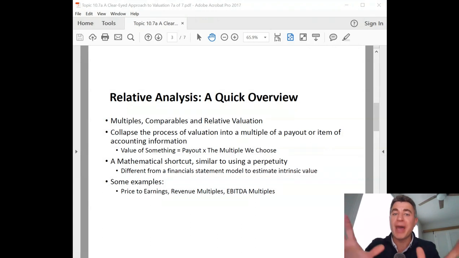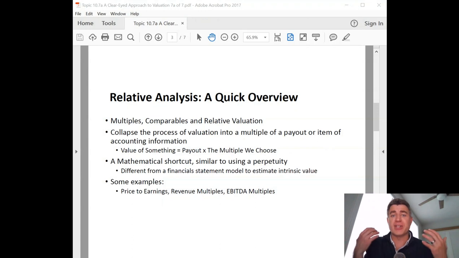And so the basic math here, and not debating payouts or anything else right now, that we're going to talk about is the value of something, which we will apply to companies, but really just the value of something is equal to a payout, like an expected amount we get, times a multiple that we'll choose. And we'll talk about how we do that later. But this is going to be related to the mathematical approach of using a perpetuity that I'm going to show in 1 second.